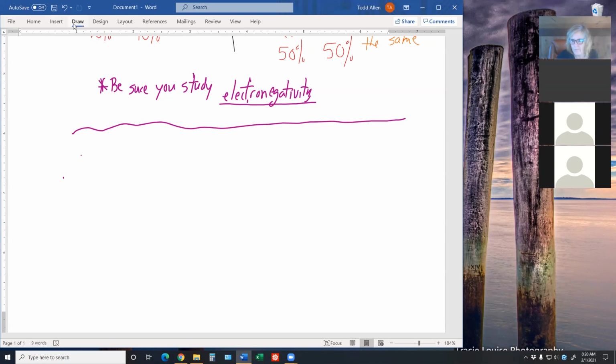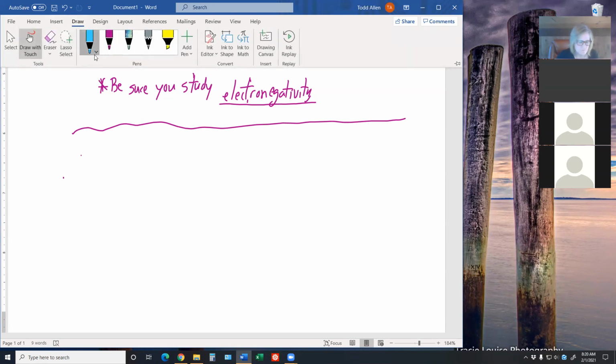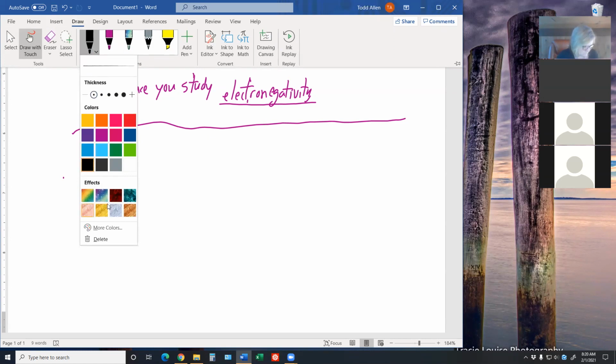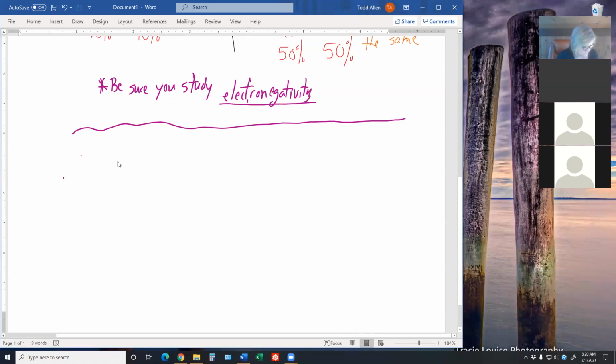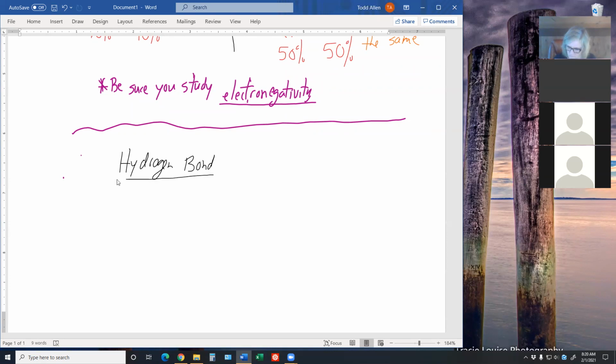All right, let's switch gears, and we're going to now go to the topic of hydrogen bonds. So we've covered 2 of the 3 bonds, and now we're going to tackle the third one, which is the hydrogen bond. You know from your notes that a hydrogen bond is an attraction between a slightly positively charged hydrogen atom and a slightly negatively charged atom nearby, which is typically oxygen.